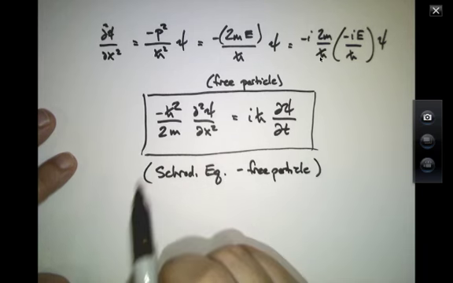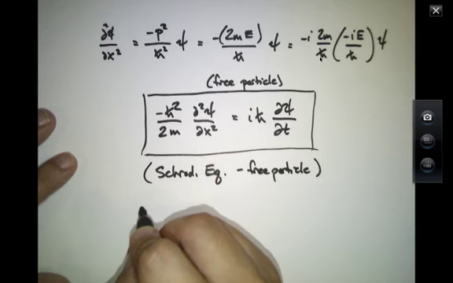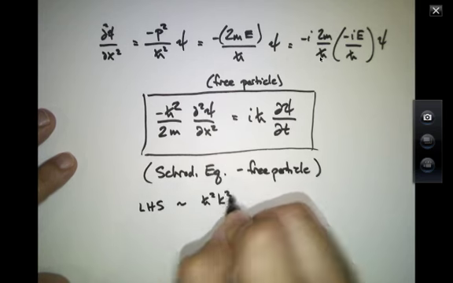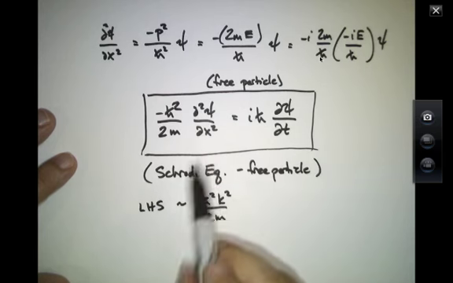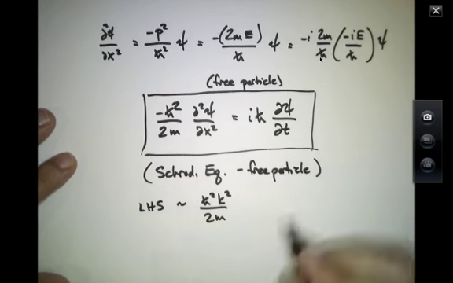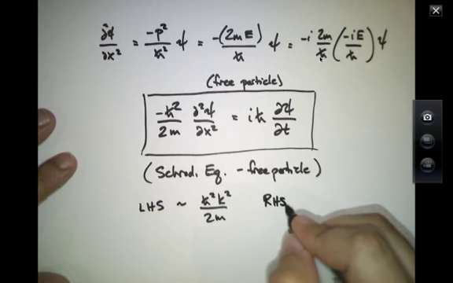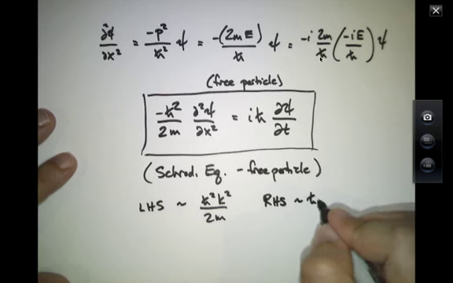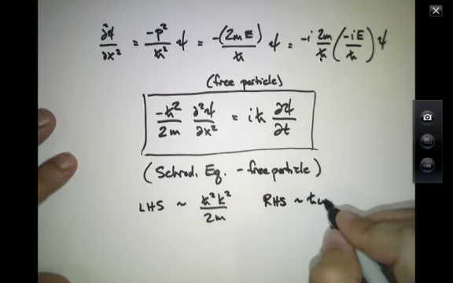The left side is something like a kinetic energy, at least it will be once I take that second derivative. The right-hand side is something like an h bar omega equals E.